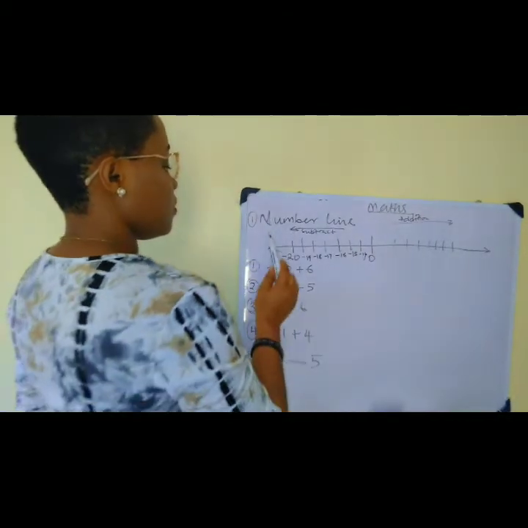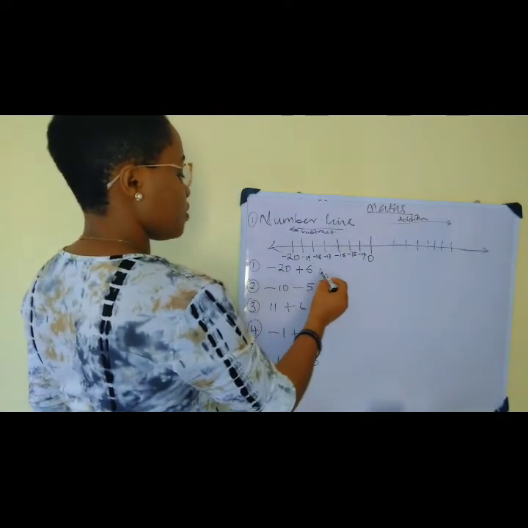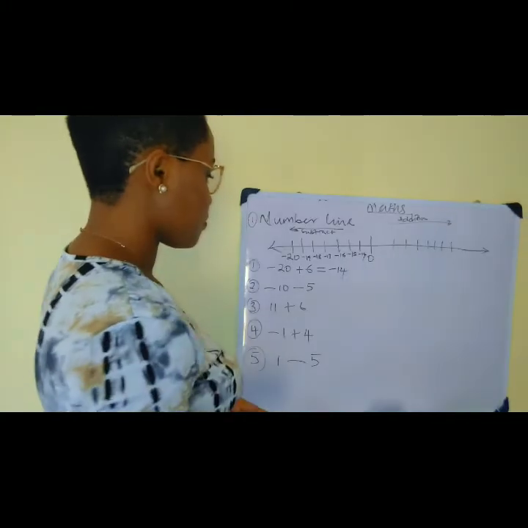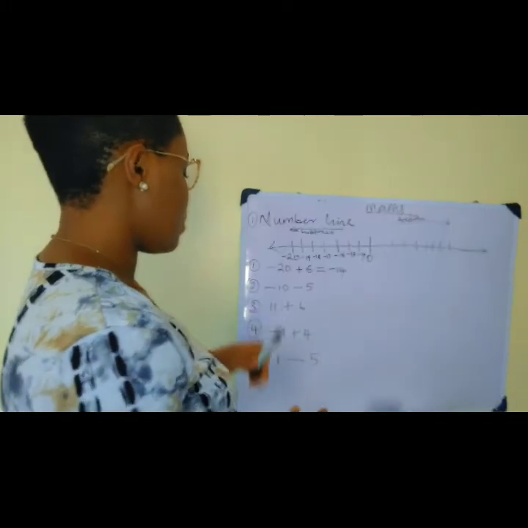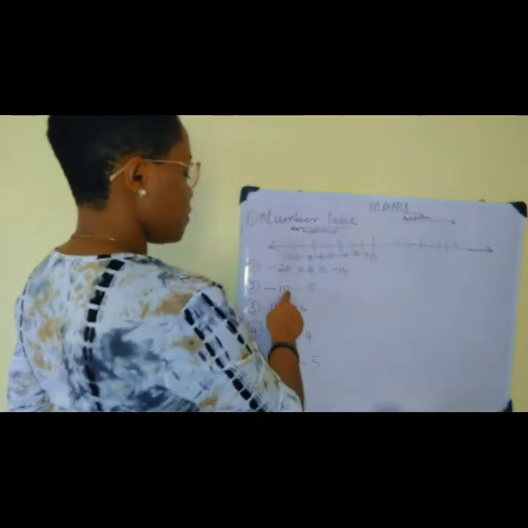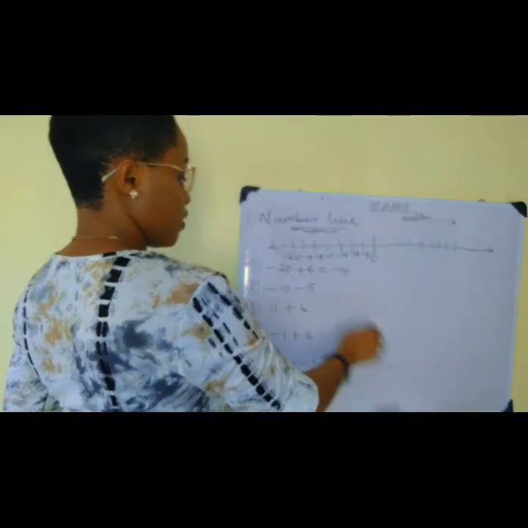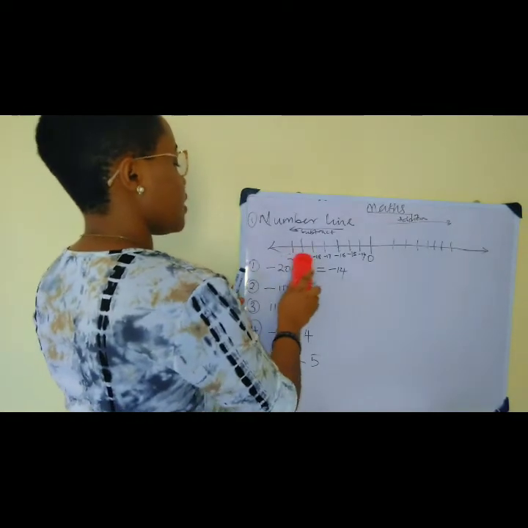So negative 20 plus 6 will give us a negative 14. Now the second one is a negative 10 minus 5. A negative 10 minus 5.